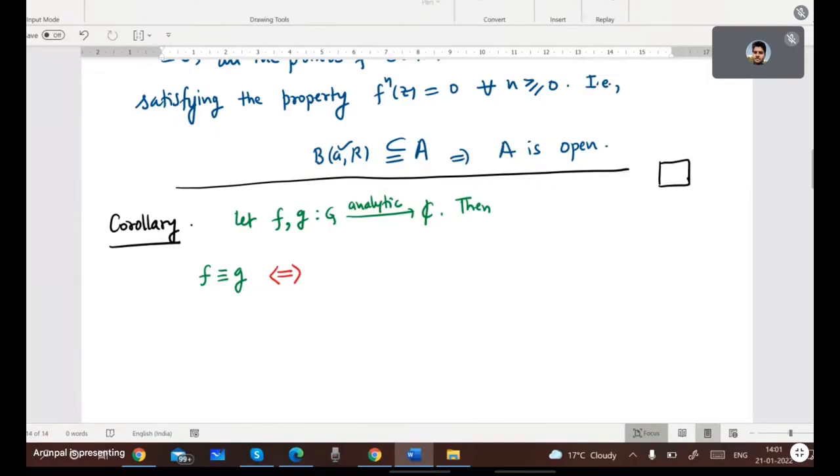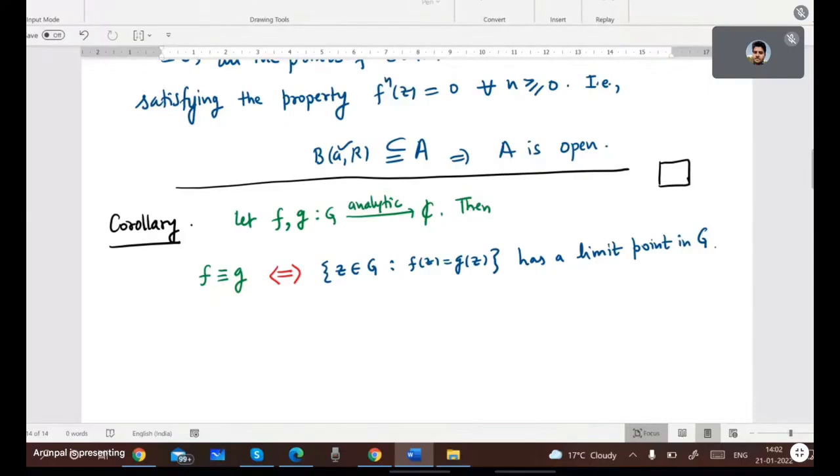Good. So class, we have to show that they are identically equal if and only if this set, the collection of all those elements in G such that f and g are equal, has a limit point in G. One is the definition, and now we are going to show this with the help of this.